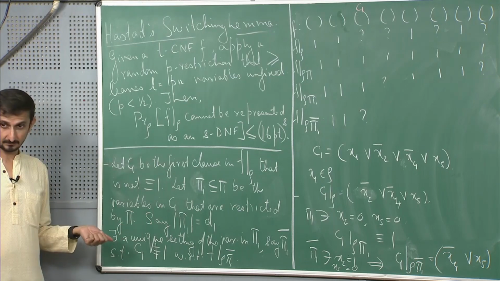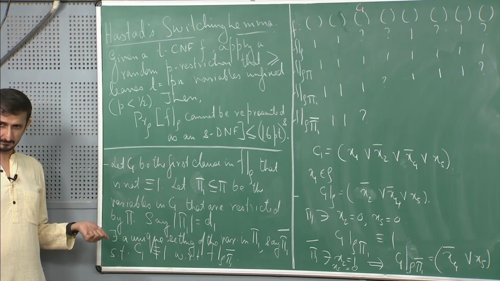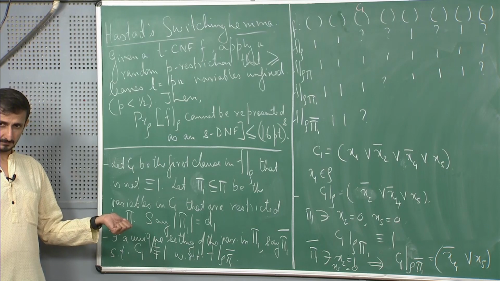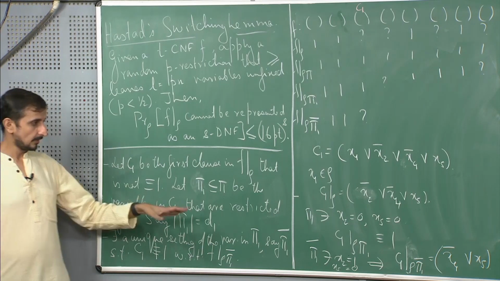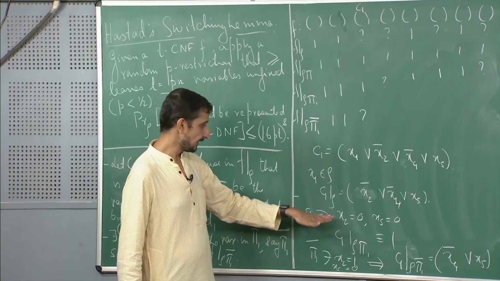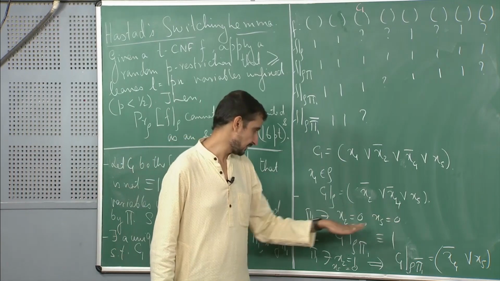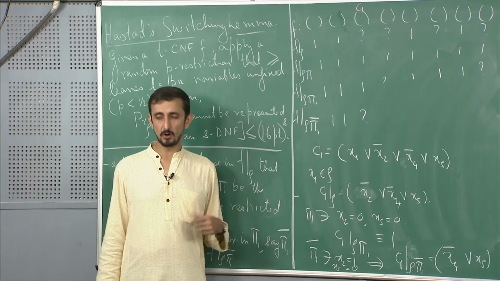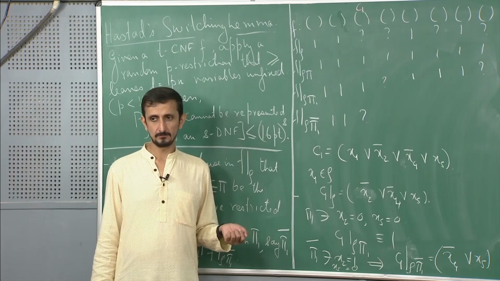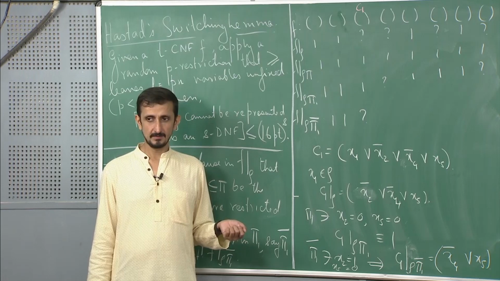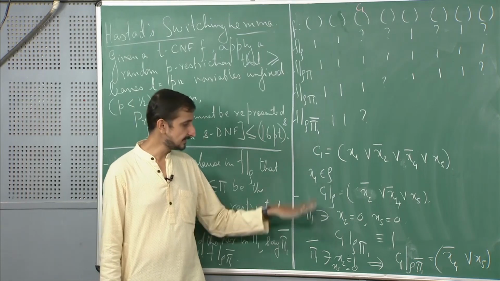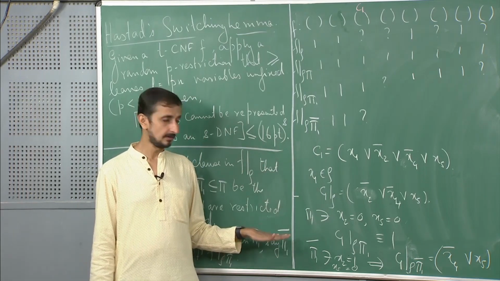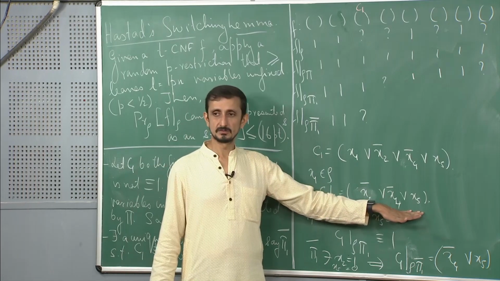What does it mean to say restricted by pi? So here in this clause, x4, x2 and x5 are restricted by pi. Pi is separate; here you are considering pi 1. So, pi 1 is a subset of pi restricted to this clause.